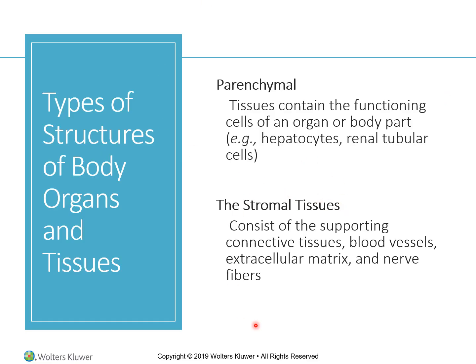But we also have what we call stromal cells, and those are the supporting connective tissues of that body organ or tissue. So that's things like the blood vessels, what we term extracellular matrix, the nerve fibers that, again, support and provide structure to those functioning cells within the tissues.